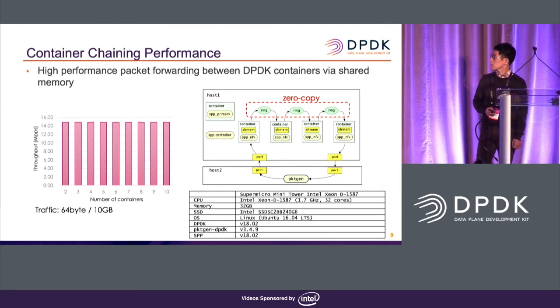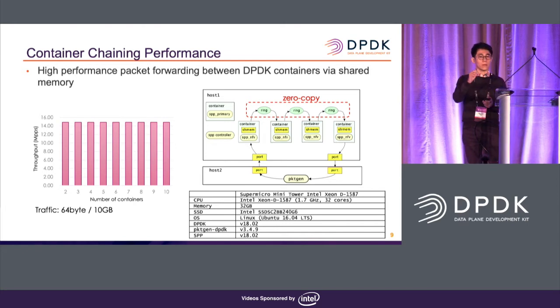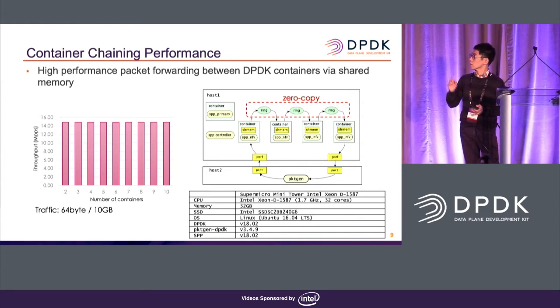So by using a ring interface with container, we can easily get about 10 gig throughput for 64-byte short packets. In this test case, we tested the performance by connecting the containers in serial, from 2 containers to 10 containers.